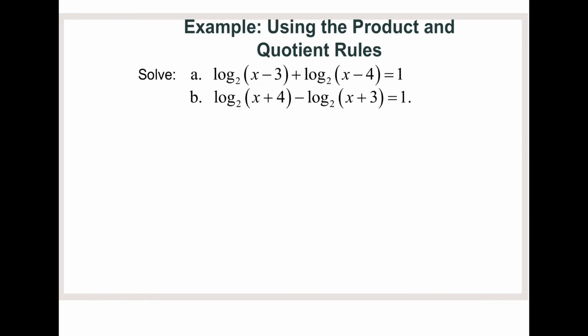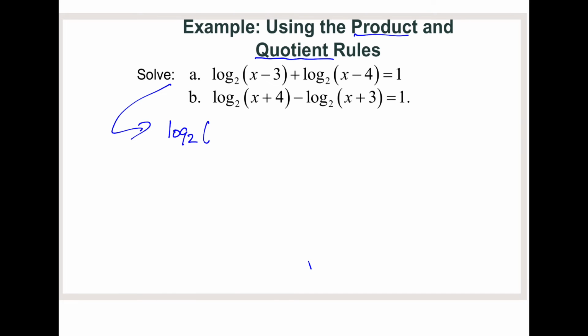Okay, we're going to take a look at a couple more examples for us to go through. On this first one, actually, both of them have log base 2s. And we're going to practice using those product and quotient rules. On this first one, A, we have an addition, which is going to equate to a product. So log base 2 of x minus 3 plus log base 2 of x minus 4, and this is equal to 1.